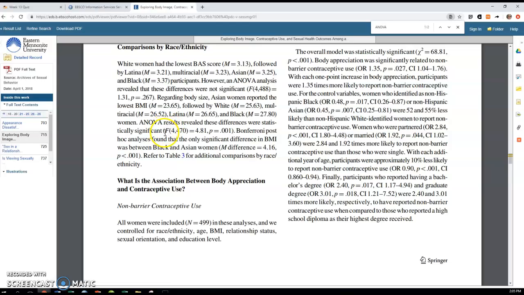This F tells us that we're using an F test, which is the type of test, it's kind of the engine that drives an ANOVA. This number right here is degrees of freedom. You don't need to worry about that too much, but if you want a real quick explanation of what it is, this first number is 1 less than the number of groups.